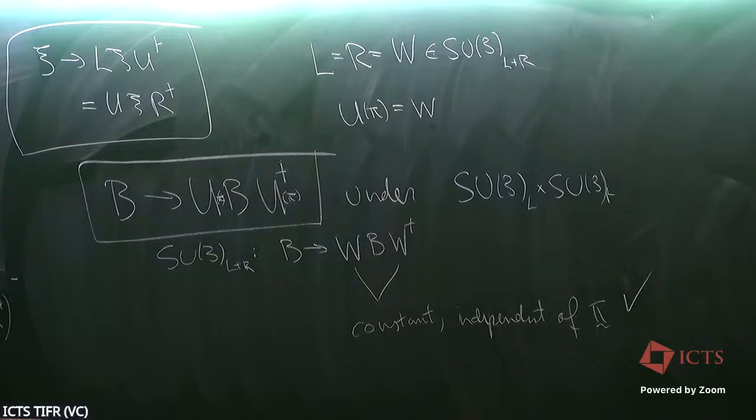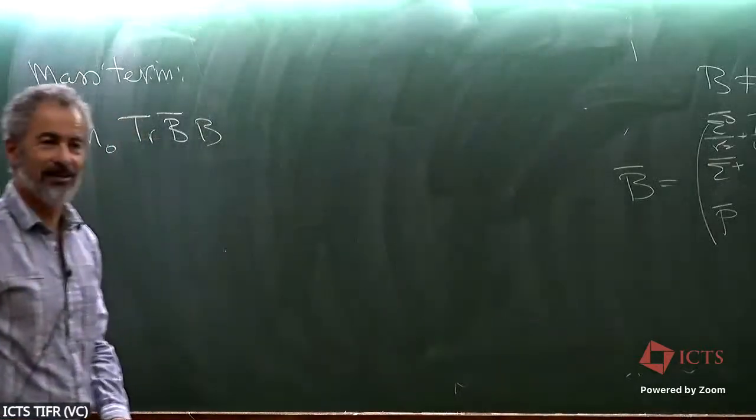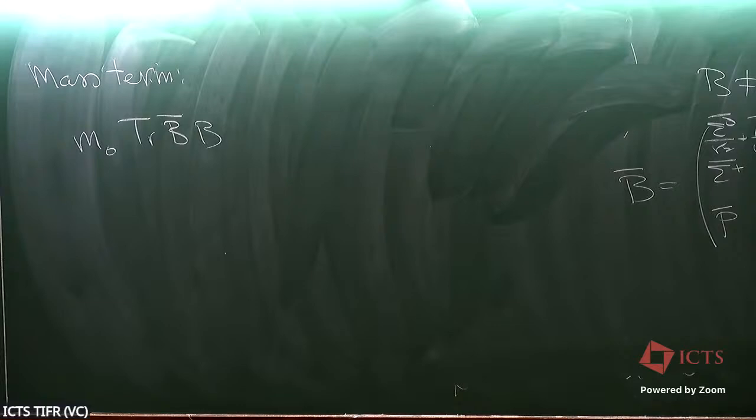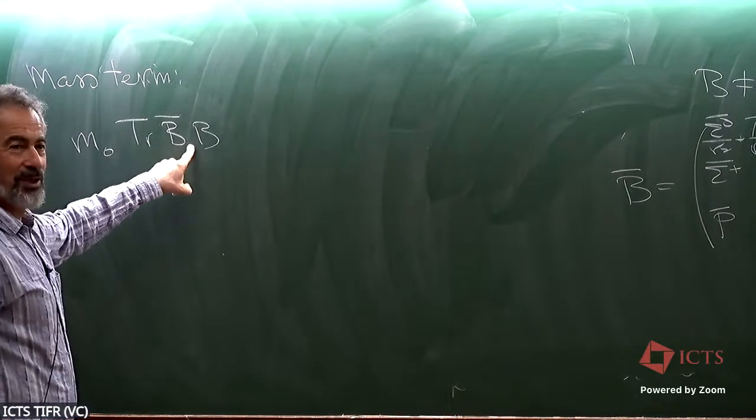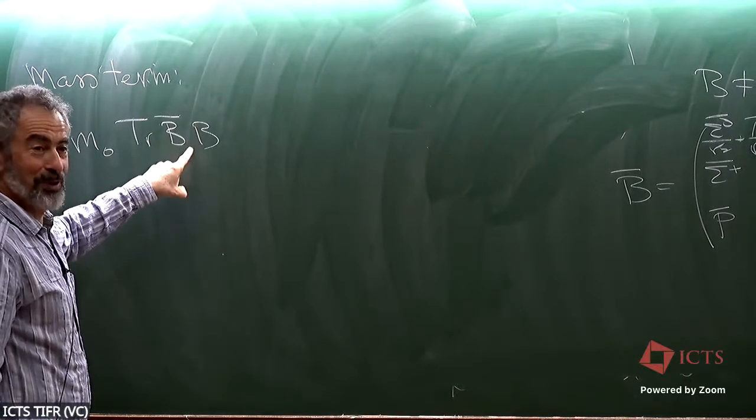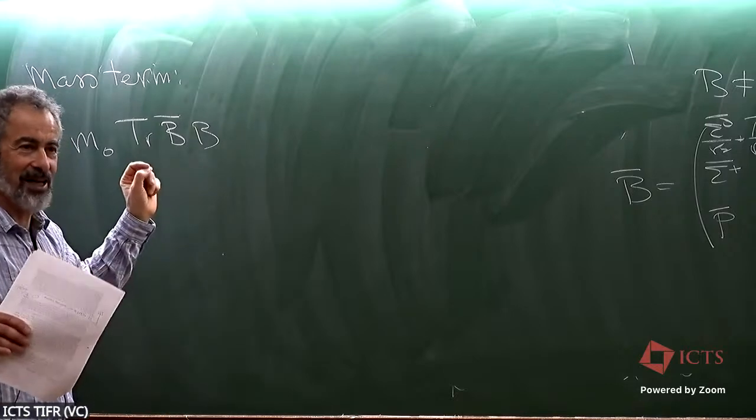So an immediate thing is that it's now extremely easy to write down the mass term. Just write M naught trace B bar B. That's invariant because B dagger picks up a U U dagger, B picks up a U U dagger, the U U daggers all cancel.